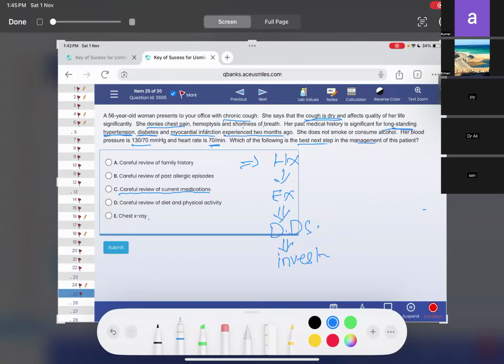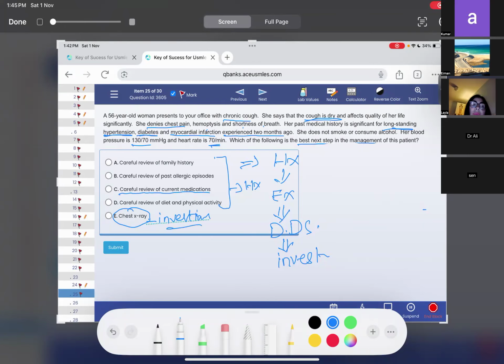So all of these will come in history and this will come in investigation. Okay, doctor? So this is the last step, right? Yes, this is the last step.